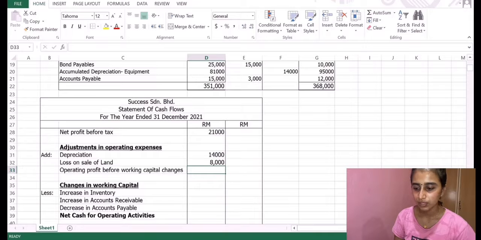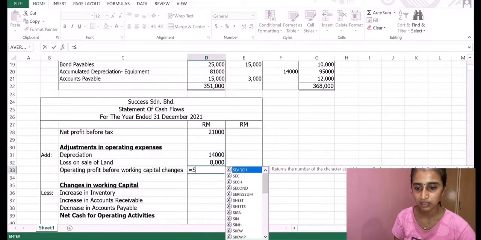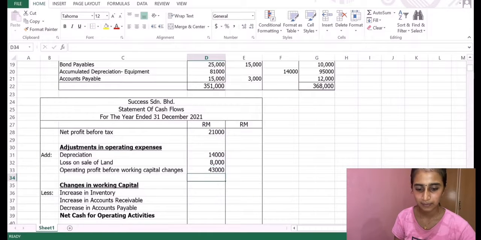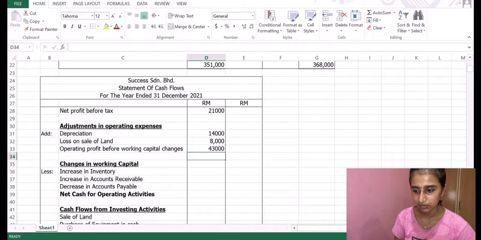Then we must calculate the operating profit, so we sum up these 3, and we get 43,000.